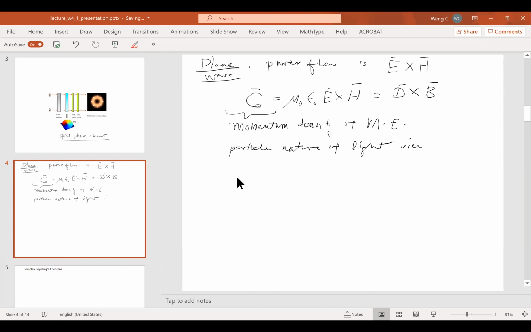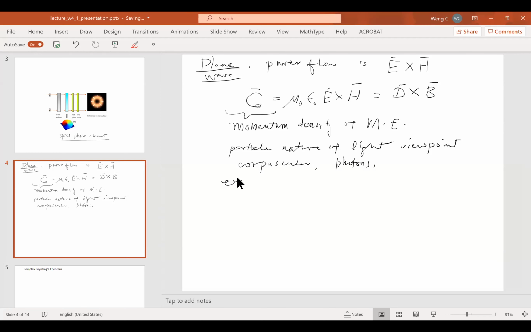Okay, if you use the particle nature of light viewpoint, you can actually derive this quite easily because it has been discovered that light is corpuscular, which means that light consists of photons.